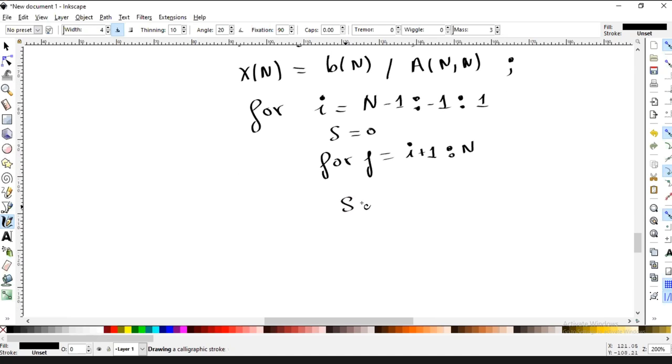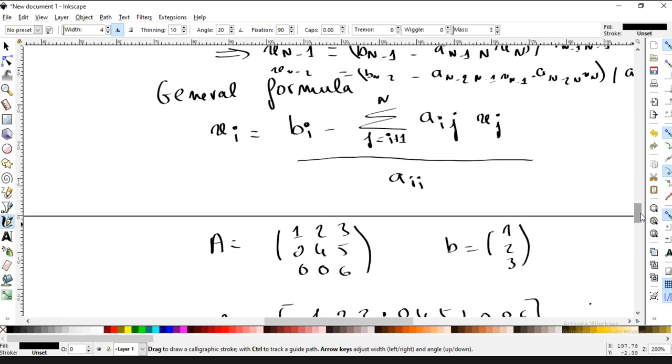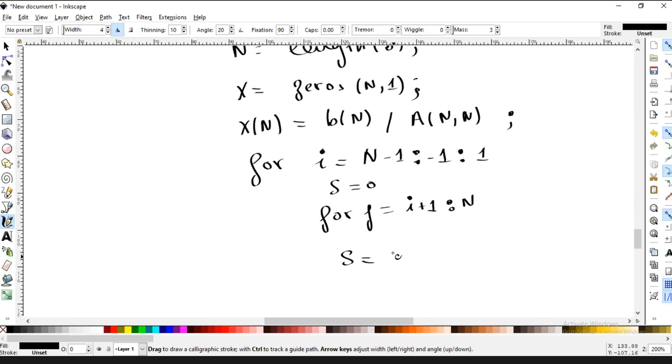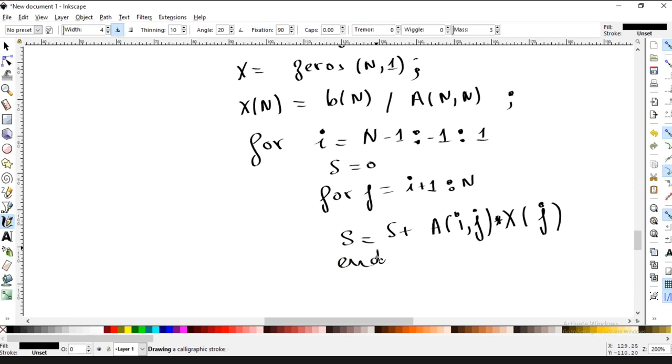I want to calculate the sum of Aij xj, so s equals s plus Aij times xj in MATLAB, then you end it.